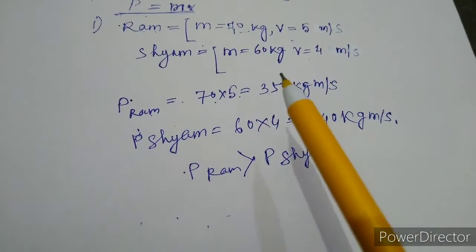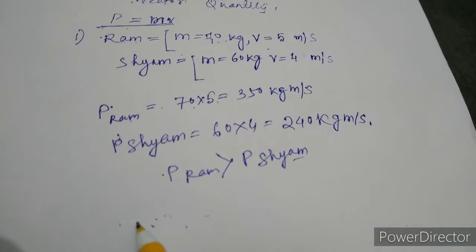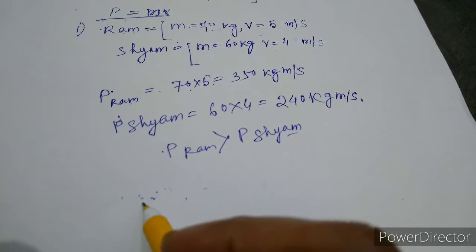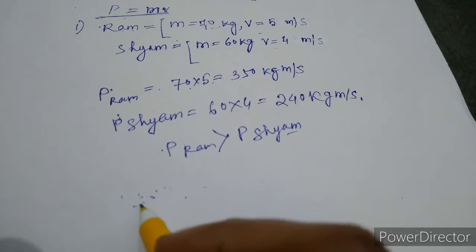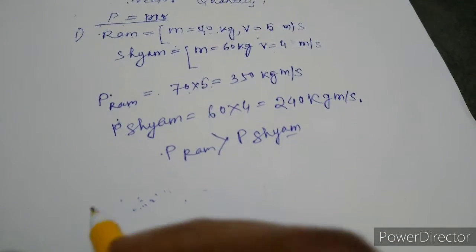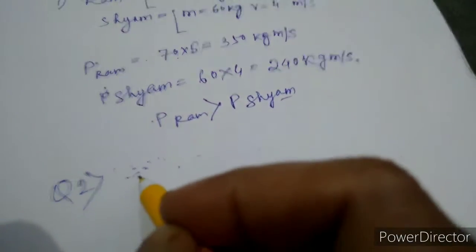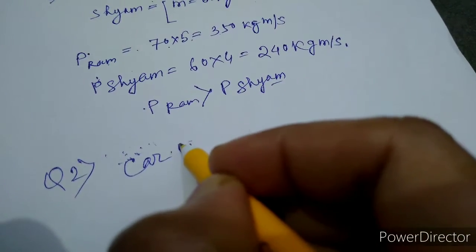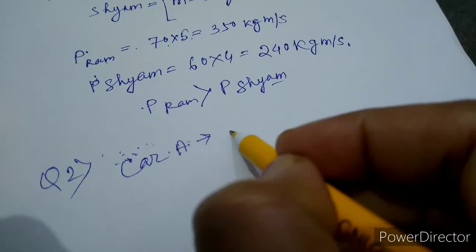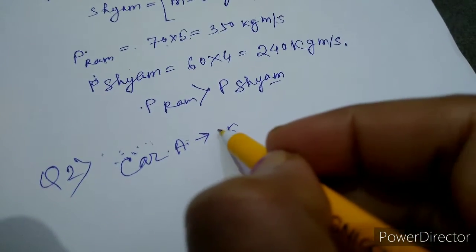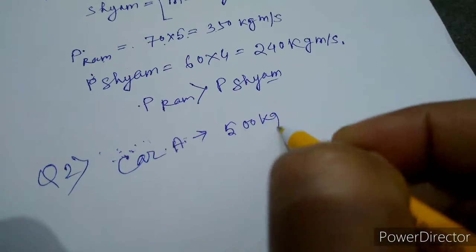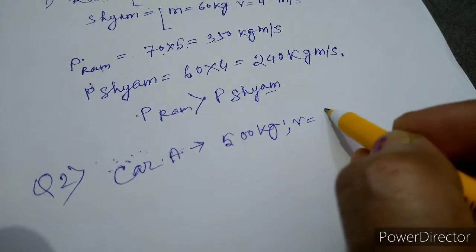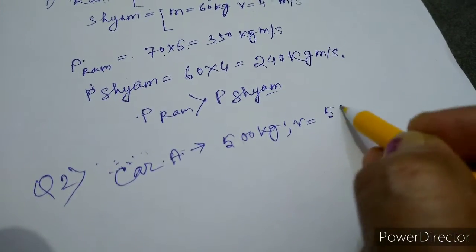Another question, number 2: suppose there are two cars, car A, whose mass is 500 kg, and it is coming with a velocity of, suppose, 50.